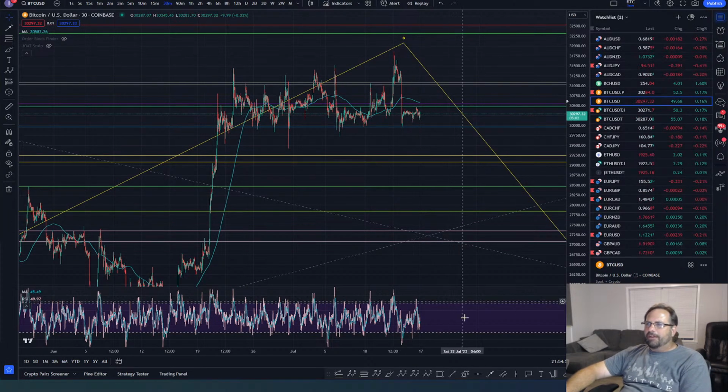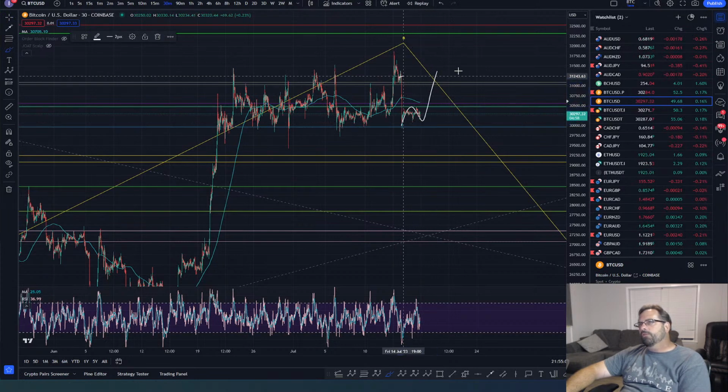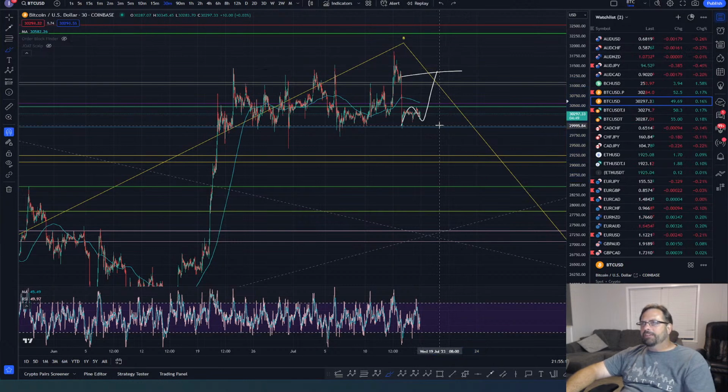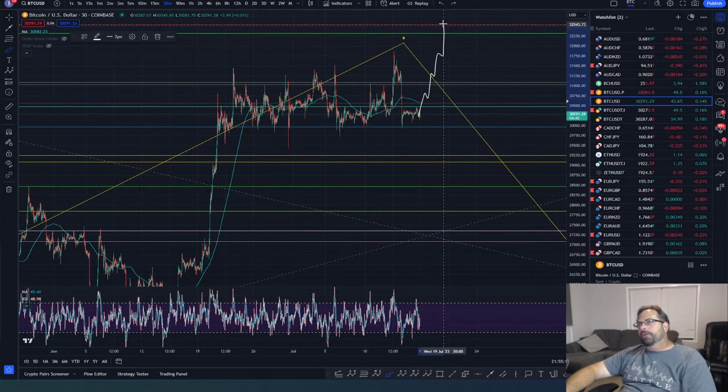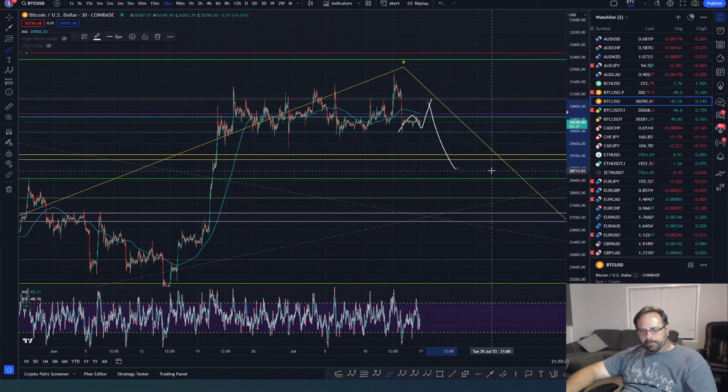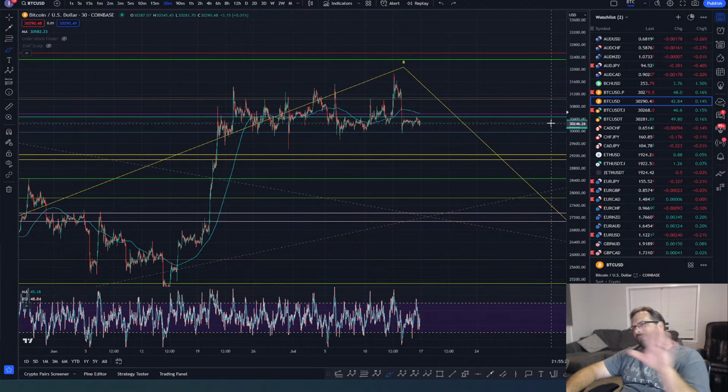Or are we looking for a short somewhere after a three-wave move here that comes down, retests the top of the box here, and rejects off of that? So that's the big question mark for me. Is this going to start working its way up, hitting the high, and then reject? Or is this working its way up in three waves and then going to reject after that? So that's kind of where we are in our analysis.